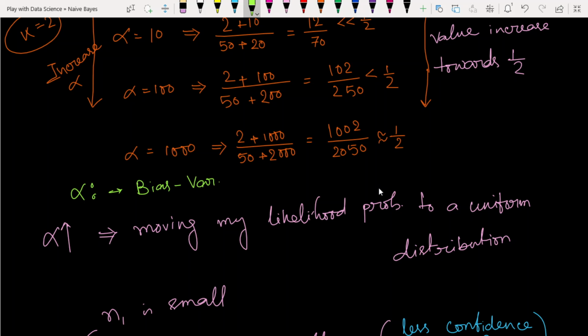By increasing alpha, we are adding some bias to our model. When we discussed the bias-variance trade-off and hyperparameter tuning, we clearly showed this.